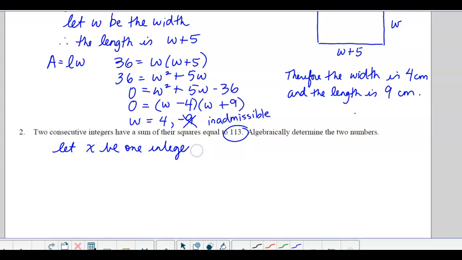Therefore, x plus 1 is the next consecutive integer.